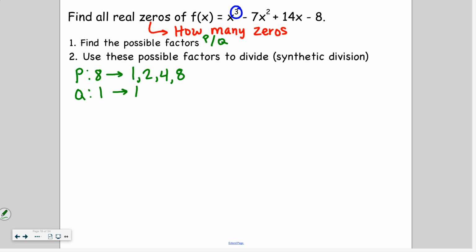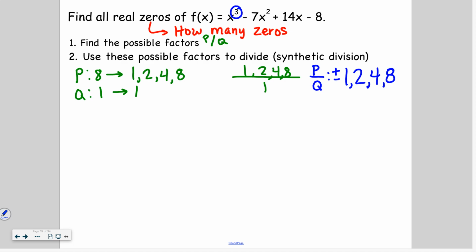So p over q, 1, 2, 4, and 8, all of those over 1. Anything over 1 is itself. So p over q is plus minus 1, 2, 4, and 8.